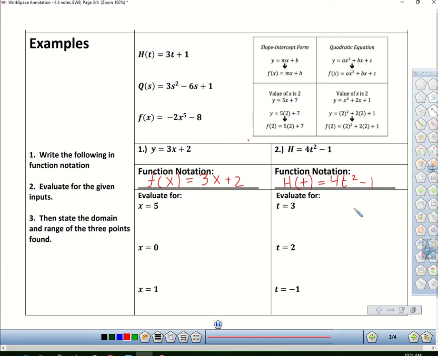So that's how you go from equation to function notation. You replace your dependent variable with the function name of whatever the input is. Typically you do f of x. You could have also done this as f of t if you wanted to, but we just used h.